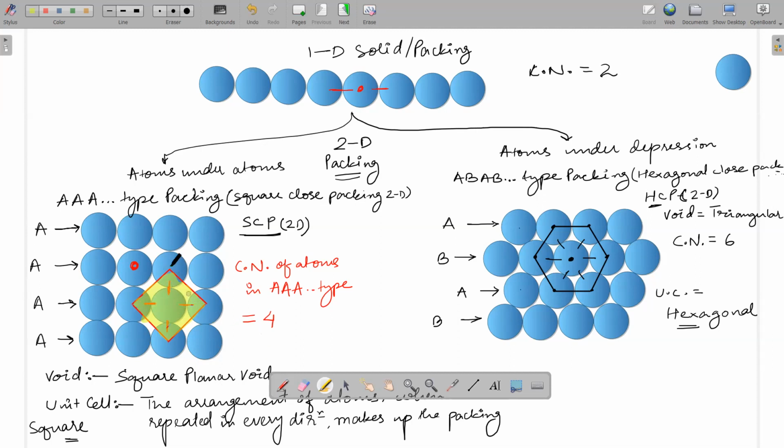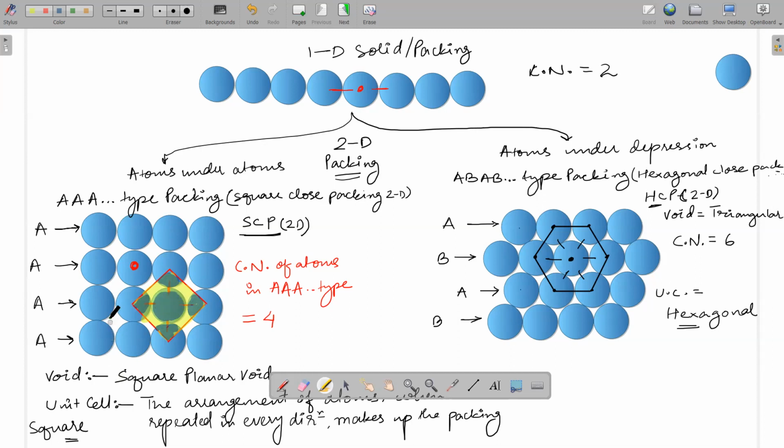So this yellow color is the space occupied by unit cell. And then you have the blue parts here. These are the space occupied by atoms, and you have some inside here. Correct?